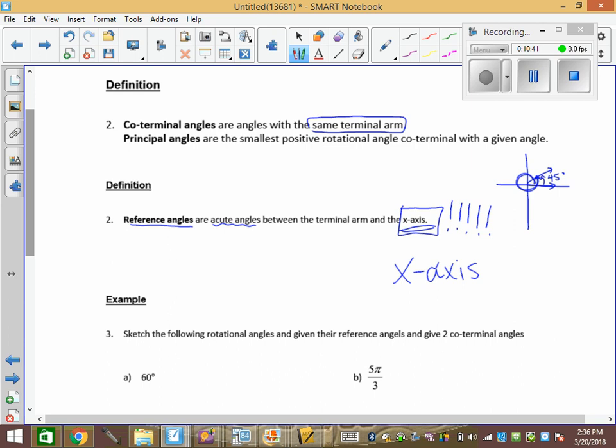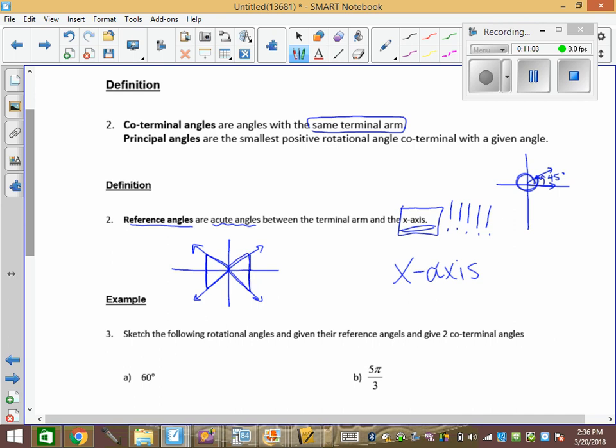So if I had this angle here, my reference angle would be this piece, would it not? If I had an angle in this quadrant, my reference angle would be this piece. If I had one in here, my reference angle would be this piece. If I had a terminal arm in this side, my reference angle would be this piece. So they make a bow tie.